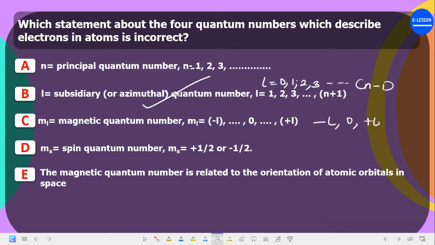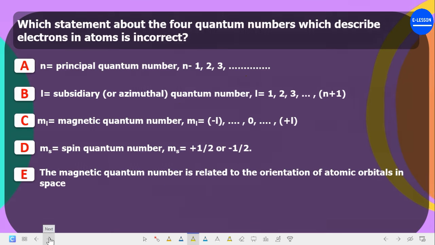Hence the correct answer is option B, which is L is the subsidiary quantum number, with values of 0, 1, 2, 3, where 0 is for s orbital, 1 is for p orbital, 2 is for d orbital, and 3 is for f orbital. So the correct answer is option B.